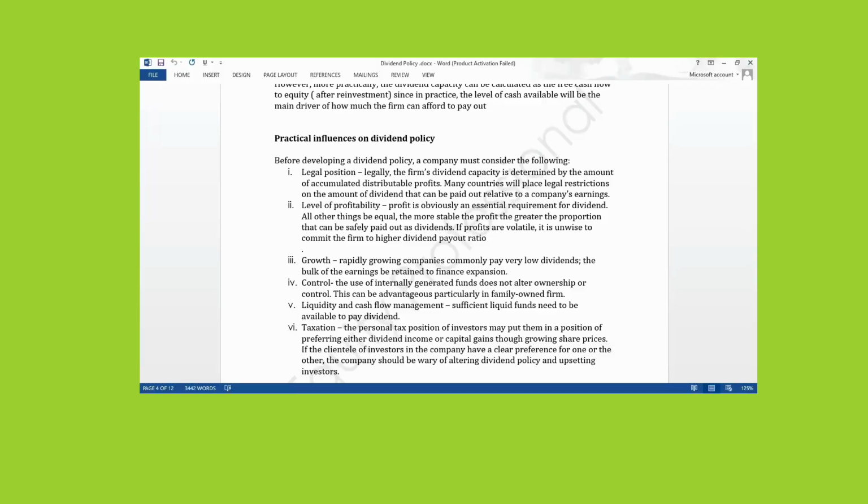Lastly, taxation. The personal tax position of an investor may put them in a position of preferring either dividend income or capital gain through growth in share price.